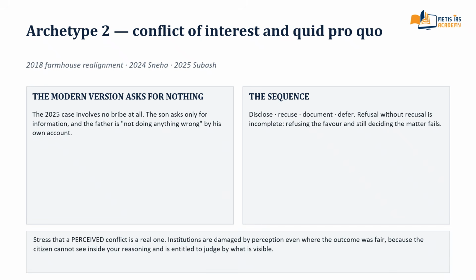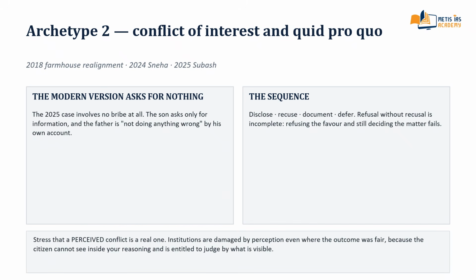Subhash, Secretary PWD, whose only son is in real estate and wants the location of an unannounced mega road project, while the minister has separately introduced his own nephew. This is the 2025 question.